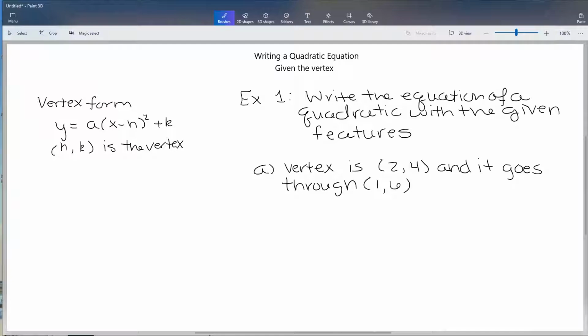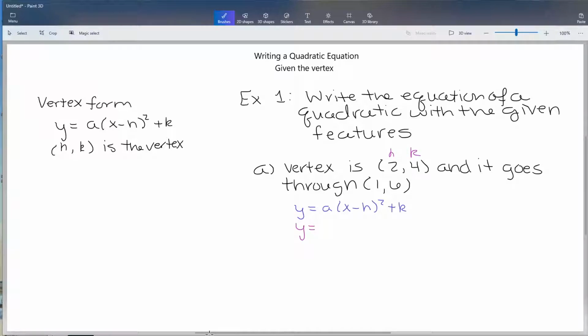Okay, so let's go ahead and use our vertex form. So we have y equals a times x minus h squared plus k. Okay, and we're going to fill in the vertex first. Okay, so this is our h and this is our k, and we're going to fill those into this equation.